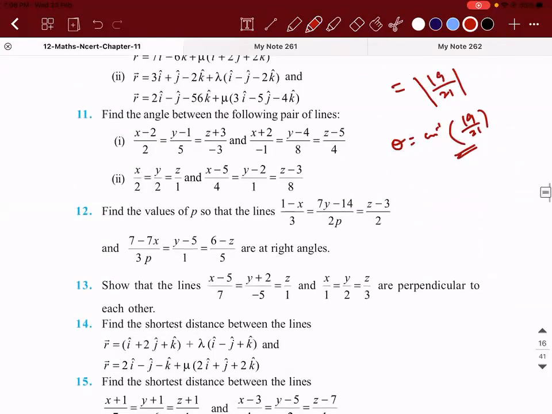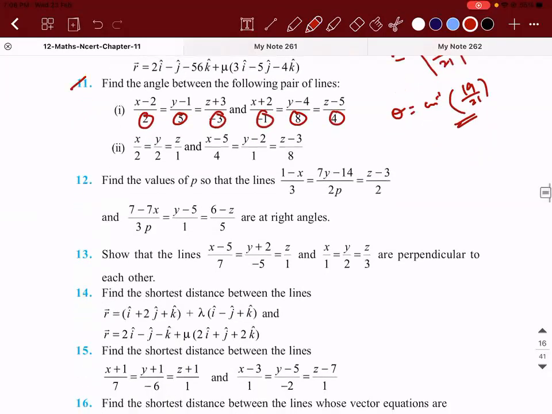Similarly, the 11th one, you guys can do it. This is A1, B1, C1, A2, B2, C2. You know the formula, do it. 12th one, how to do, guys? Find the value of P so that the lines are perpendicular, at right angles. So this is A1, B1, C1, A2, B2, C2.